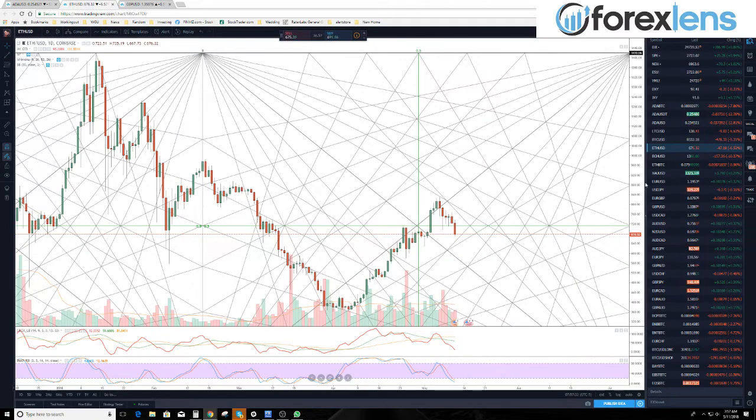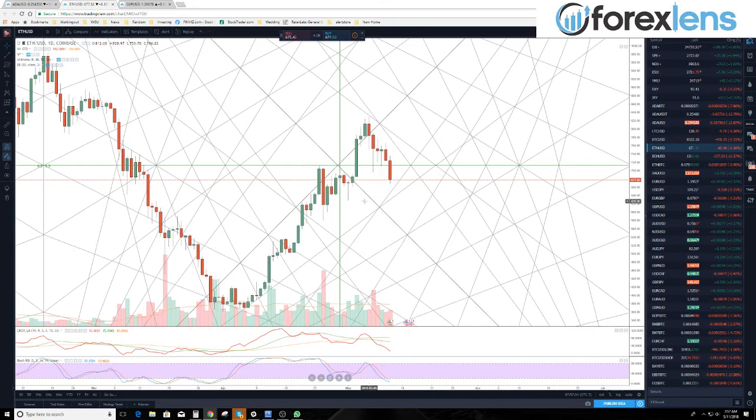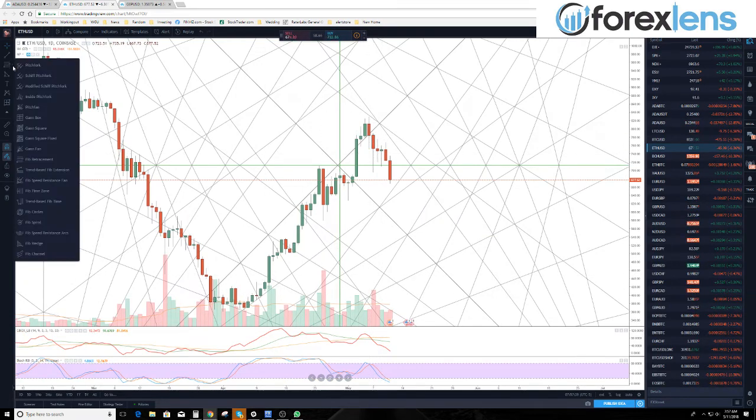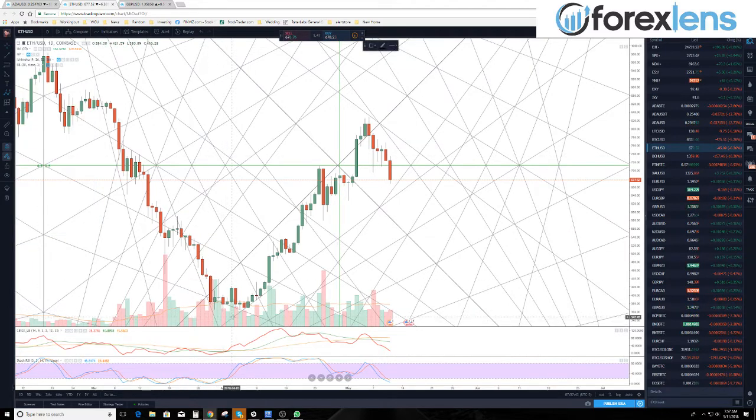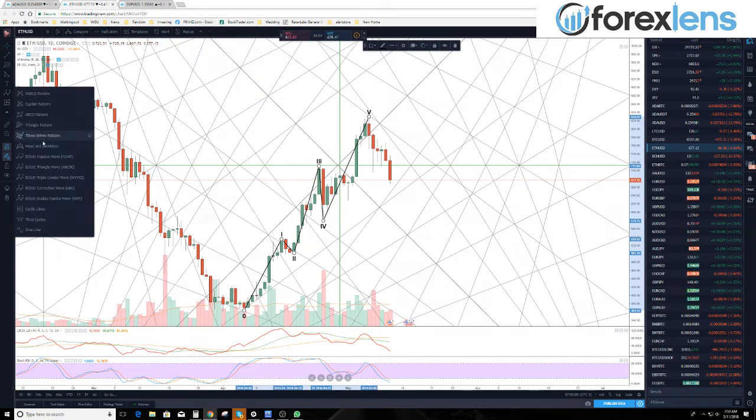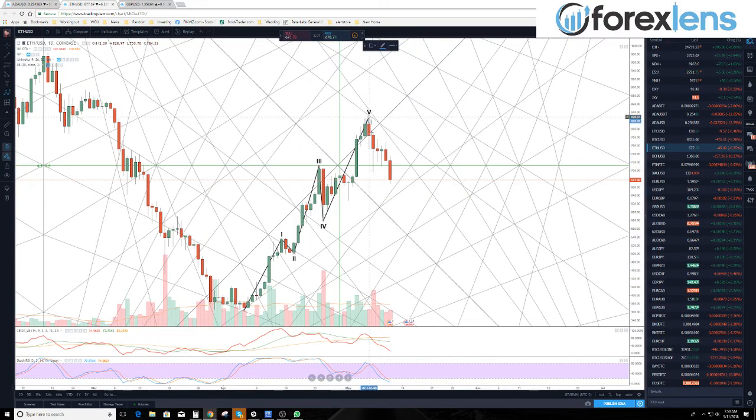I'll go over gold again. But yeah, if we're looking at this on the daily, and again, I'm not the biggest Elliott wave fan in the world, but if we wanted to consider, we've got first impulse wave, second corrective, third, fourth, fifth, and then we've got a corrective wave.